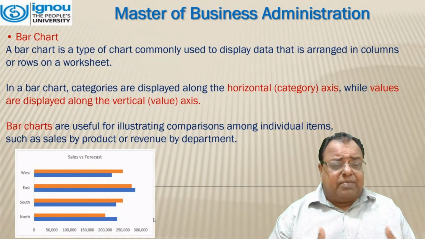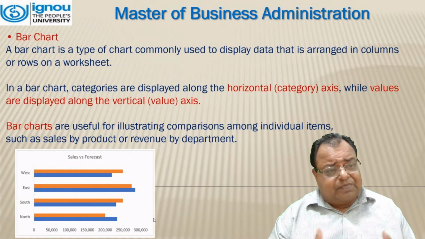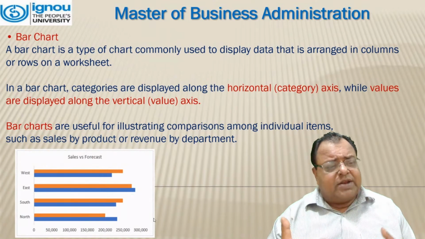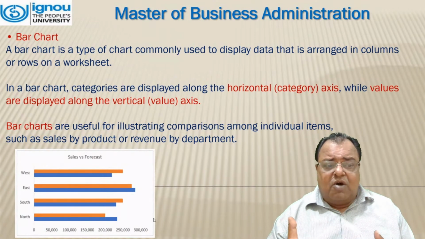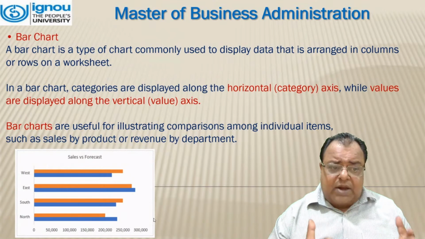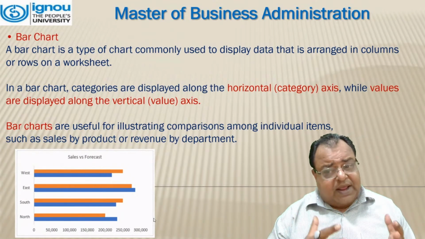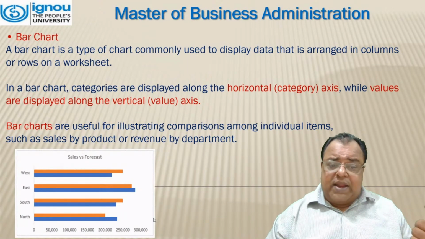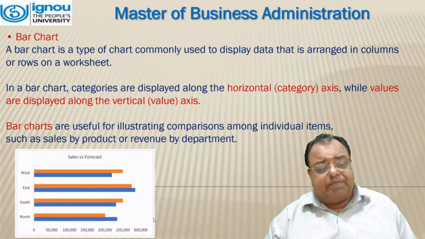Bar chart. It is another type of representation of the information. A bar chart is a type of chart which is commonly used to display data that is arranged in columns or rows on a worksheet. In a bar chart, categories are displayed along the horizontal category axis, while values are displayed along the vertical axis, that is the value axis.